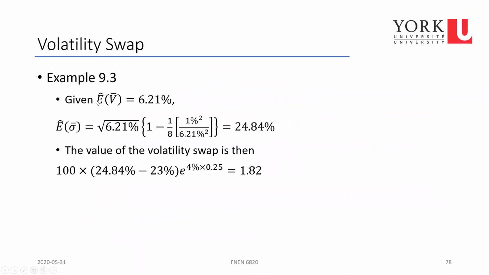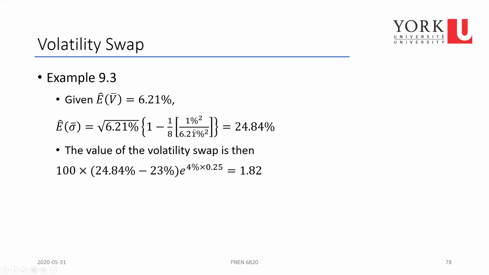So we know the expected variance is this, which we calculated in the earlier example. And so the expected value of the vol is really the square root of this expected variance that we know. And here is the variance of the variance, which is 1%, the volatility of the variance squared.